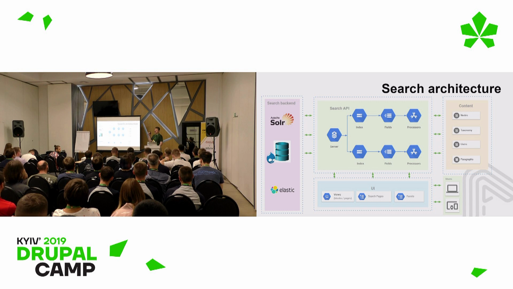I mean Drupal content, nodes, users, paragraphs, and other entities. And these entities can be processed by processors. They can be pushed into indexes, and they can be stored in search backends. And we also see the UI section at the bottom. It contains views, search pages, facets, and other stuff.